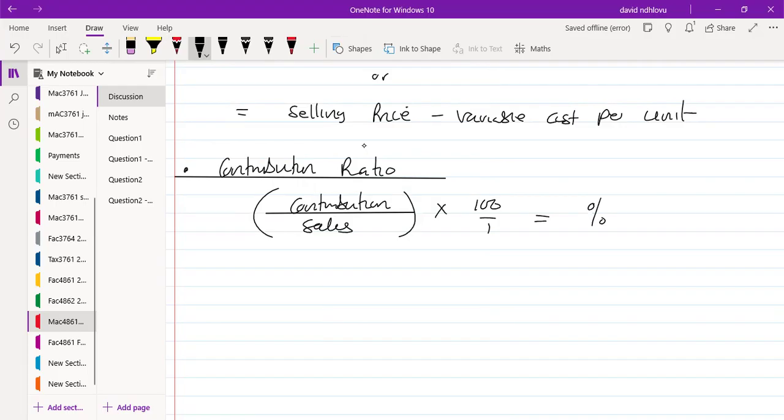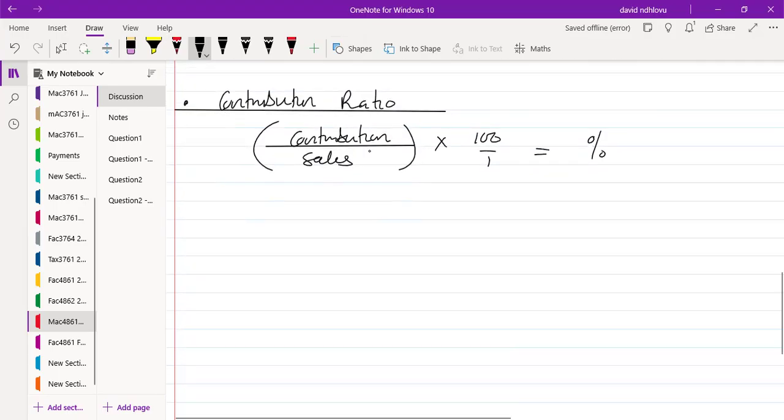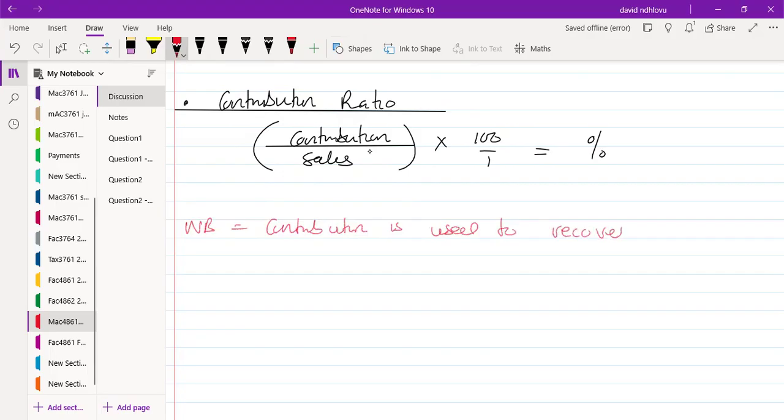Obviously, when we look at contribution, remember contribution is used to recover or to cover total fixed costs and contribute to profit.